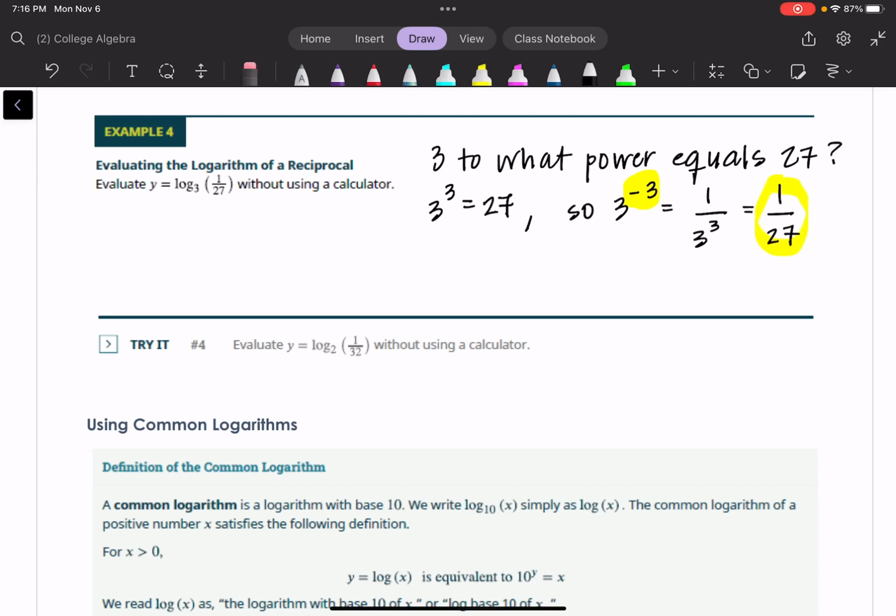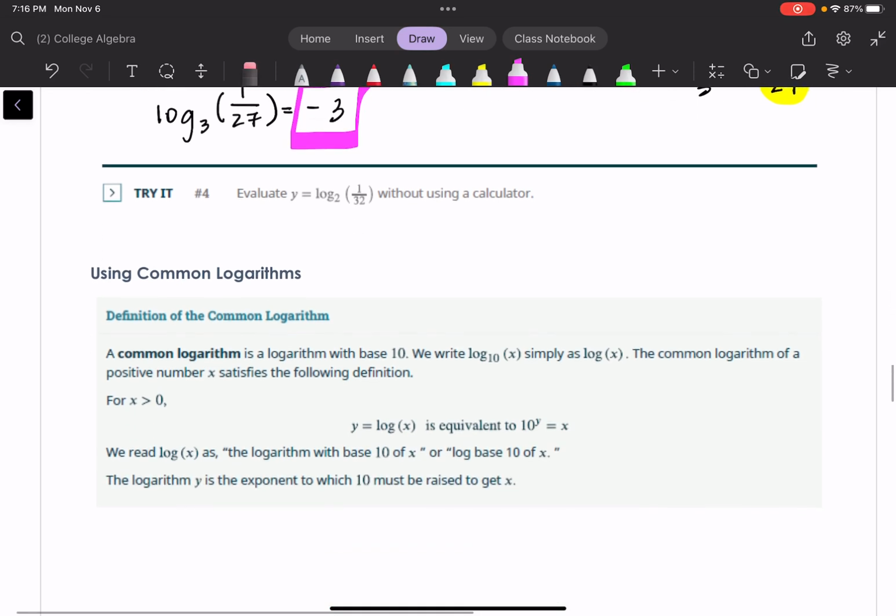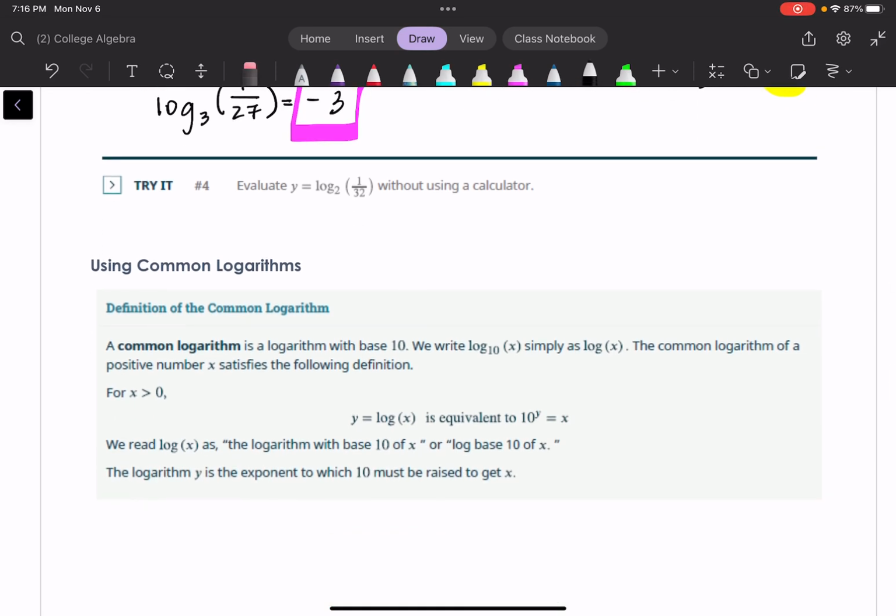So this is when you're going to see these negative outputs for the logarithm, when you have something dropping down into the denominator. So that's our answer for this one. So if you want to try one of those in number 4, give it a shot.